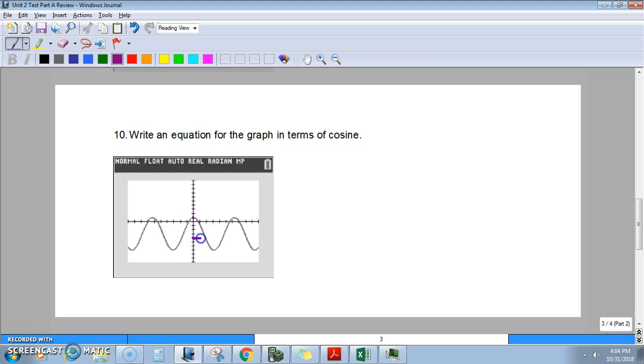So it looks like our amplitude is 1, 2, 3, 4, 5 maybe. So our amplitude is 5. Okay, so we need to put a 5 in front. So 5 times cosine of x.